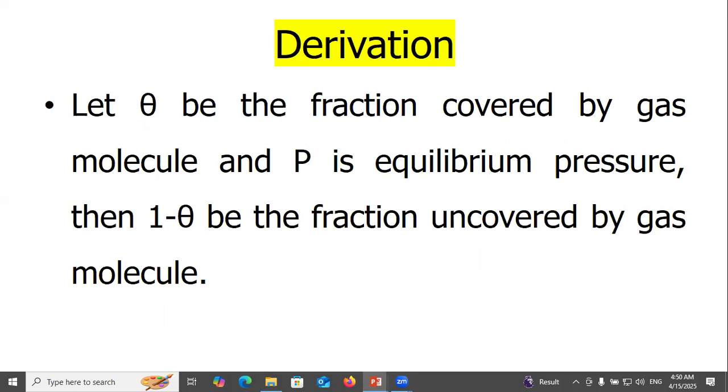Derivation: let theta be the fraction covered by gas molecules and P the equilibrium pressure. Then 1 minus theta is the fraction uncovered by gas molecules.